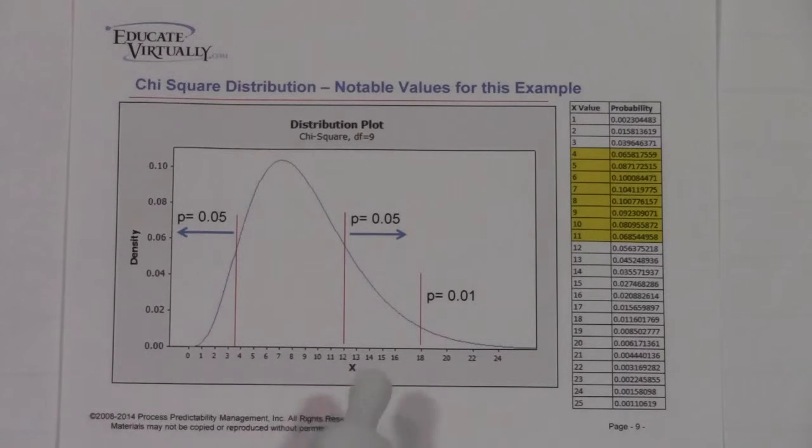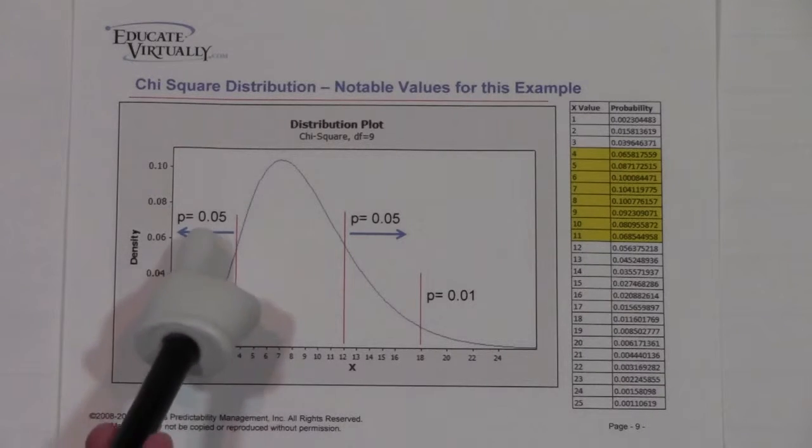And some values of note, we've always talked about the p-value as helping us to understand if something is significant or not. Well, 1 minus p is significant. So 1 minus a p-value of 0.05 is going to give us a 95% confidence that we can say that there is a difference.